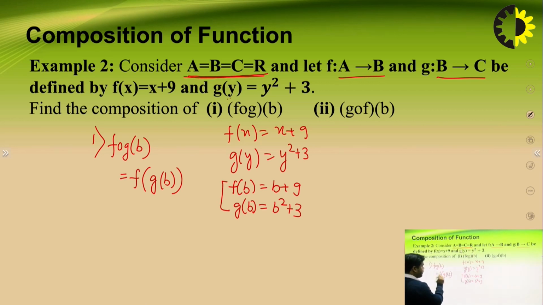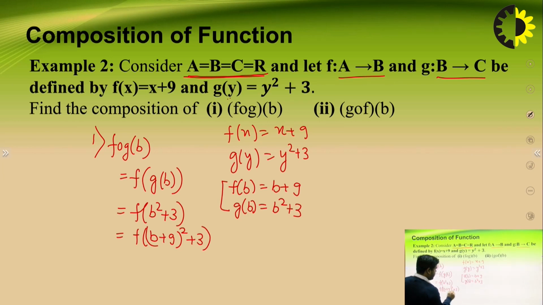Now what is the value of f of g of B? F of B square plus 3. Now what is f of B? B plus 9. So we put the value here: B square plus 3 whole plus 9 whole square... rather, f of B square plus 3 is B square plus 3 plus 9. Now you can solve it.